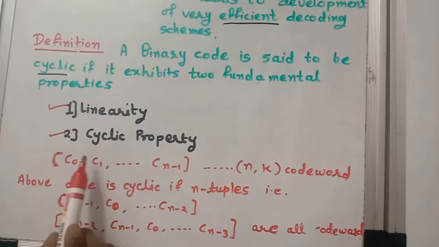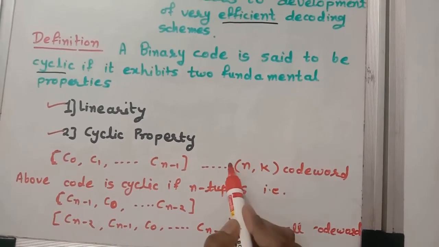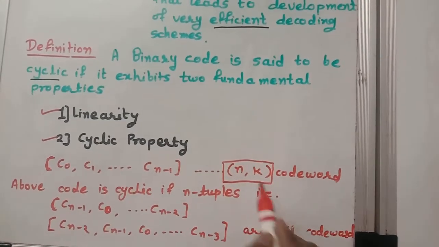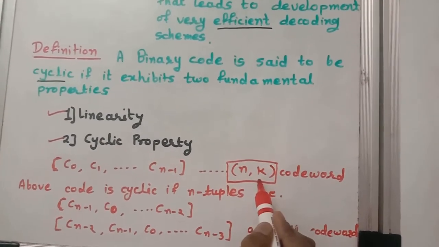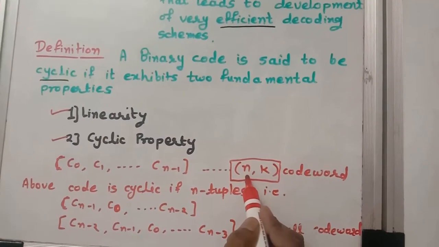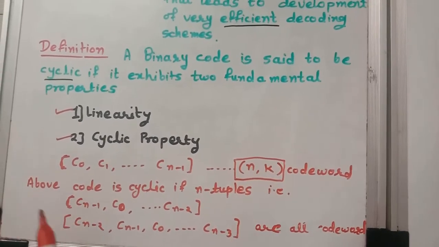Now we will see what the cyclic property is. Consider this (n, k) code word, where k represents the number of message bits in the code word and n is the total number of bits in the code word including the parity bits.